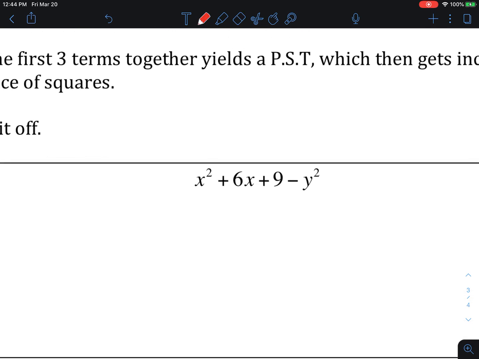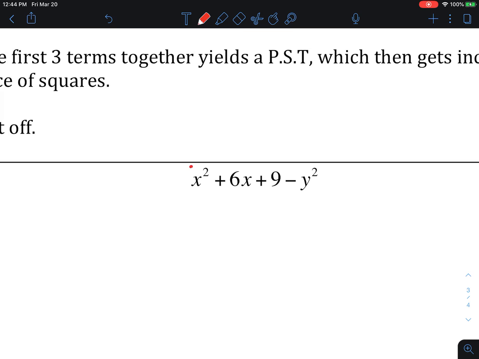But if we just take a second and examine this a little bit closer, we realize that the first three terms in this four-term polynomial is a PST. Yeah? So if we're going to factor this polynomial, maybe what we want to try is 3 by 1 grouping. So 3 by 1, 3 terms by 1 term.